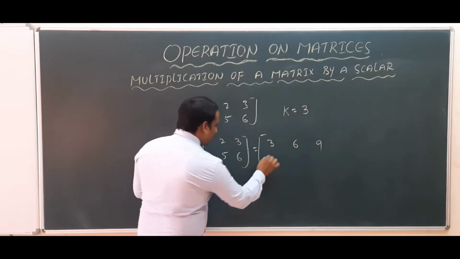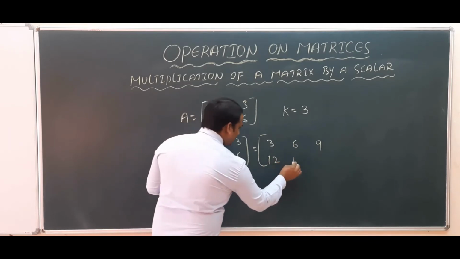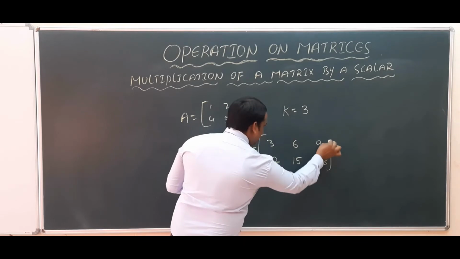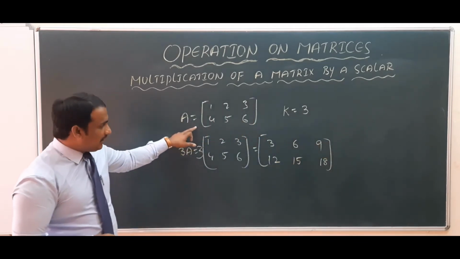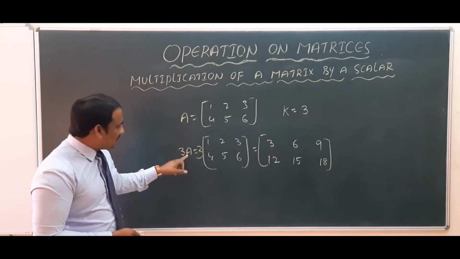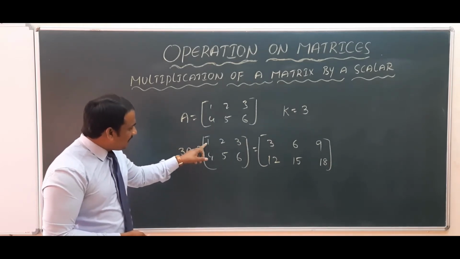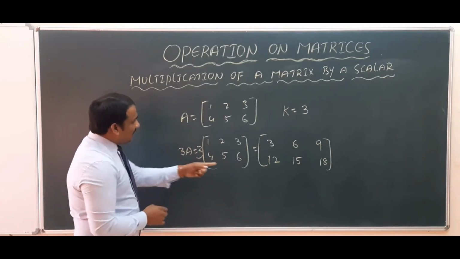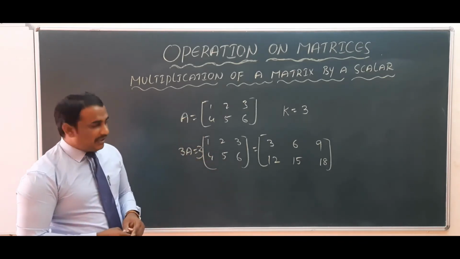Next, 3 into 4 is 12, 3 into 5 is 15, 3 into 6 is 18. That means A is the given matrix, k is a scalar. If multiplying the matrix by a scalar, the 3 I am multiplying with the A matrix, you multiply each element. That is the multiplication of a matrix by a scalar.